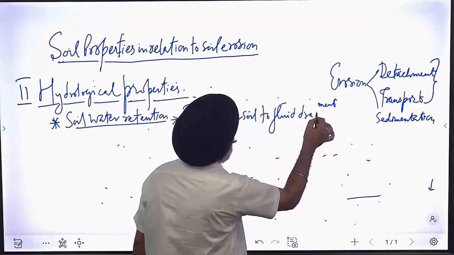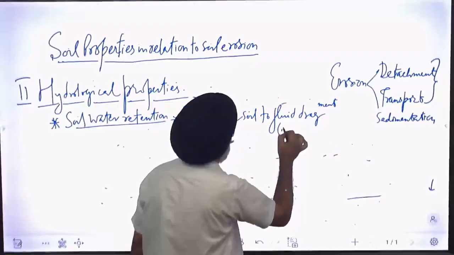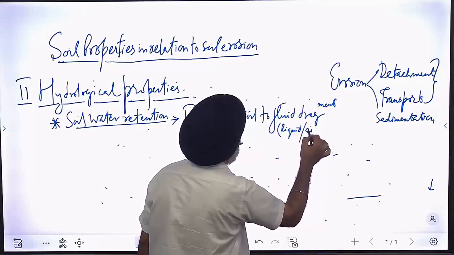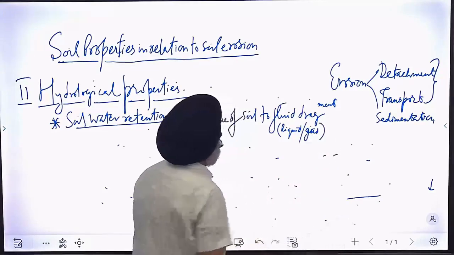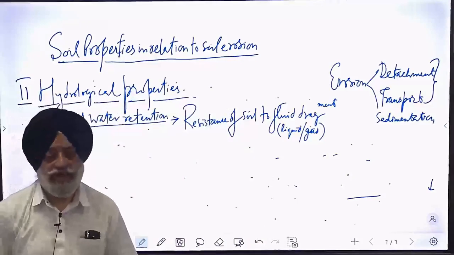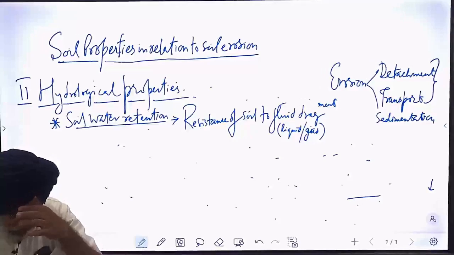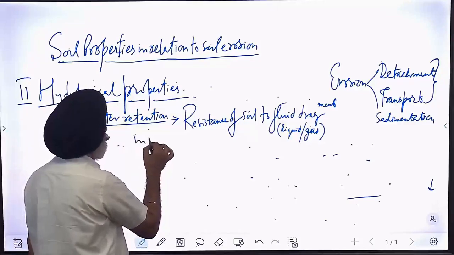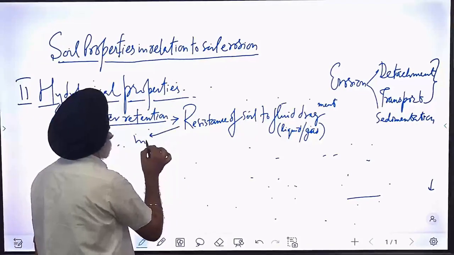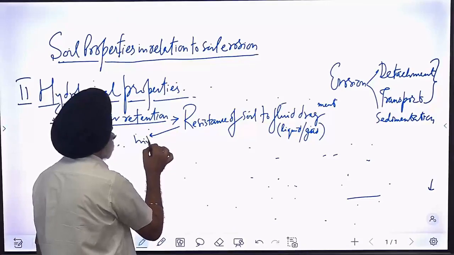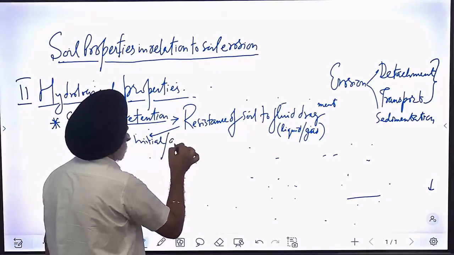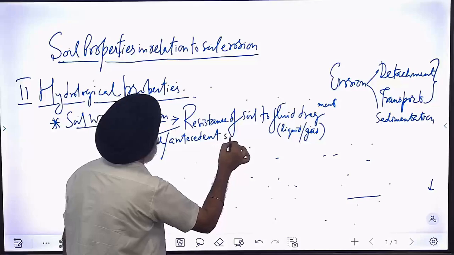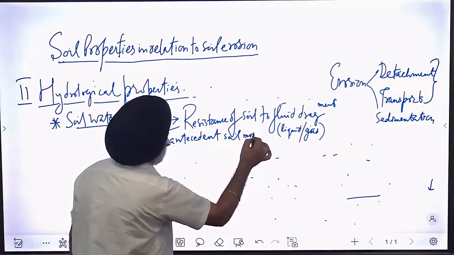When we say fluid, it means it could be liquid or it could be air also, or gas, better call it gas. So, we give a common name to liquid or gas as fluid. So, when fluid drag is there, this resistance depends upon the initial or antecedent moisture content, antecedent soil moisture.